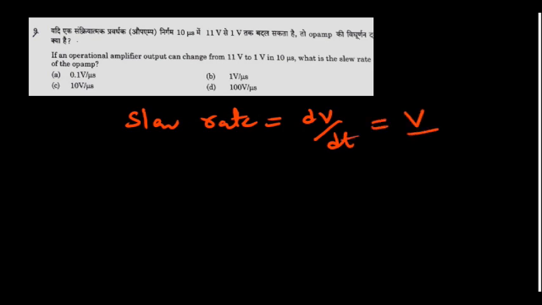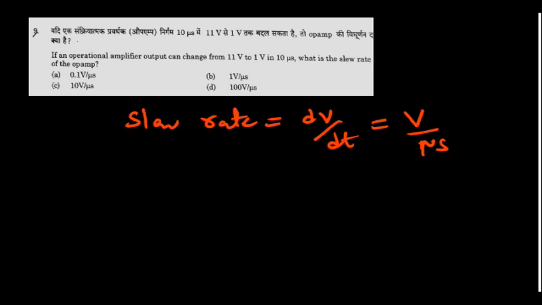If an operational amplifier output can change from 11 volt to 1 volt in 10 microseconds, what is the slew rate of the op amp? So slew rate means what? Slew rate equals change in voltage, dV by dt. It is usually given in volt per microsecond.